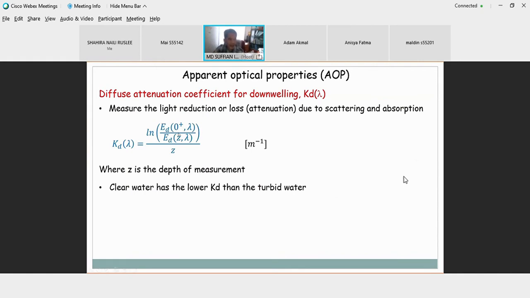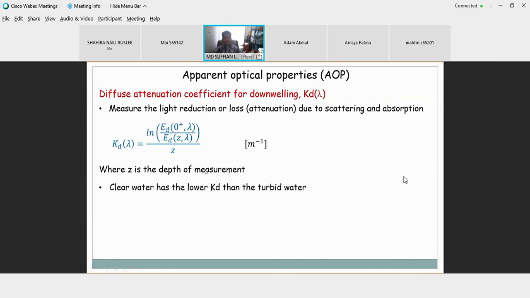If you have data from Ed(0+) and Ed at a certain depth Z, we can measure Kd. Kd is the diffuse attenuation coefficient: the light reduction or light loss per meter due to scattering and absorption.